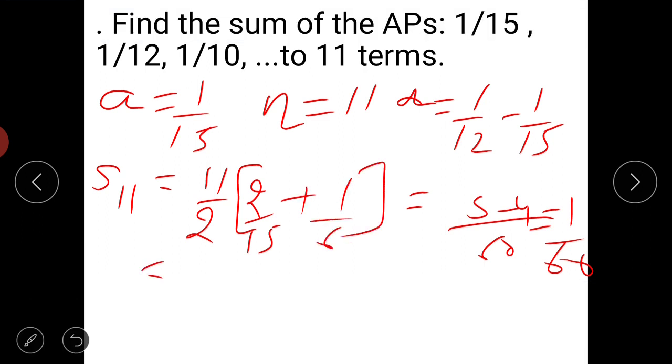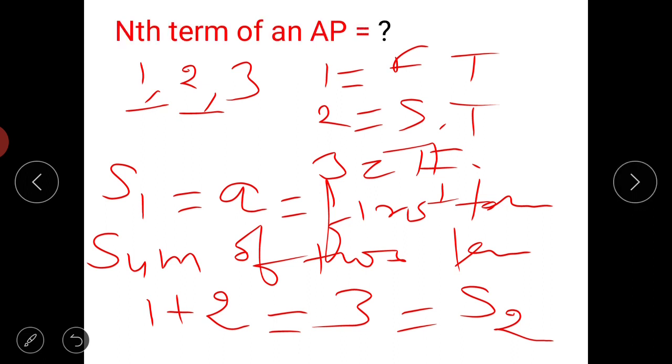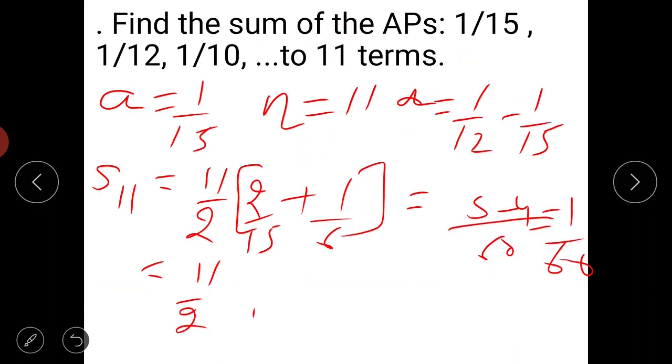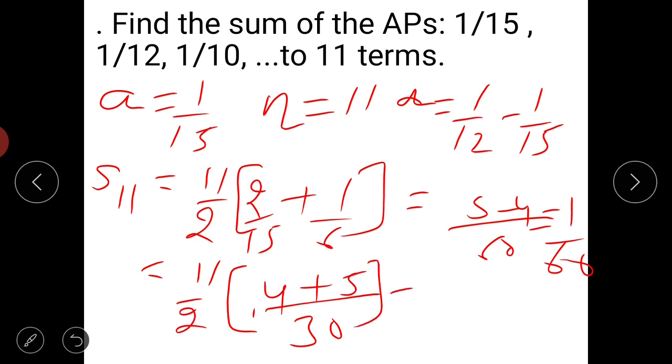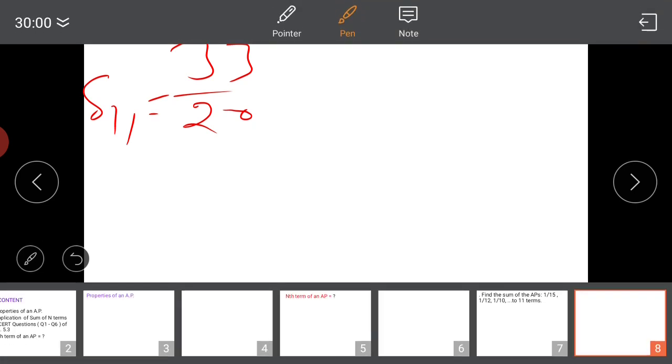Taking the LCM 30, 4 plus 5, it means 11 by 2 into 9 by 30. Cancelling, we get 33 upon 20. So S11 is equal to 33 upon 20.